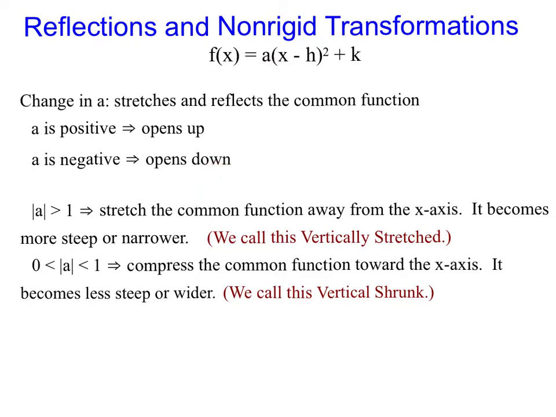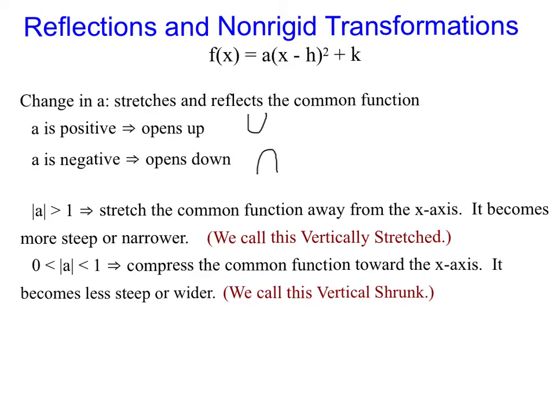Okay, so let me say that again. If this a value is positive, the parabola is going to open up. In other words, the parabola is going to be like this. However, if that a value is negative, then the parabola is going to open down. All right, go ahead and pause it if you need to in order to get that down.